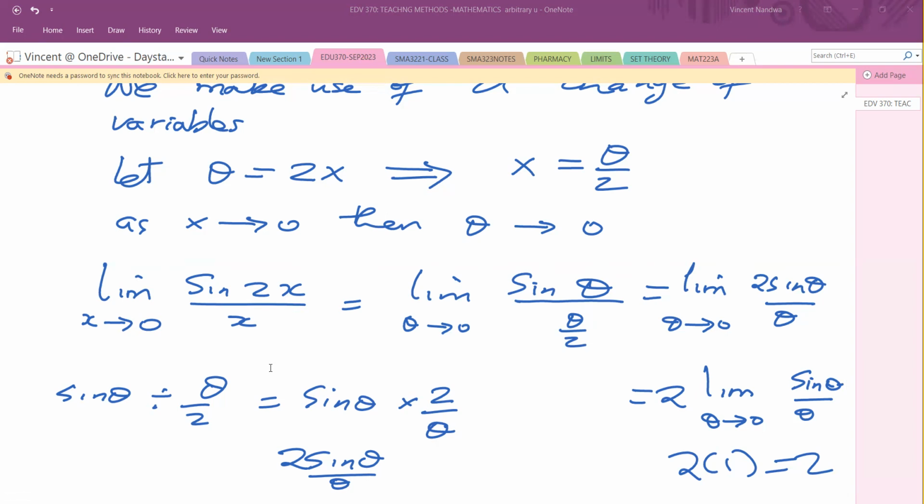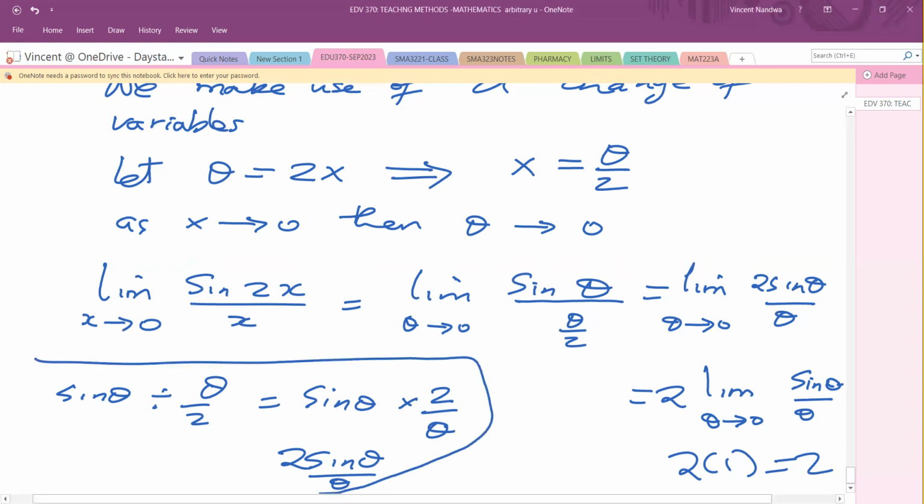Now here I had this part. Here I was explaining how to do that. It flows like this. These are the parts.